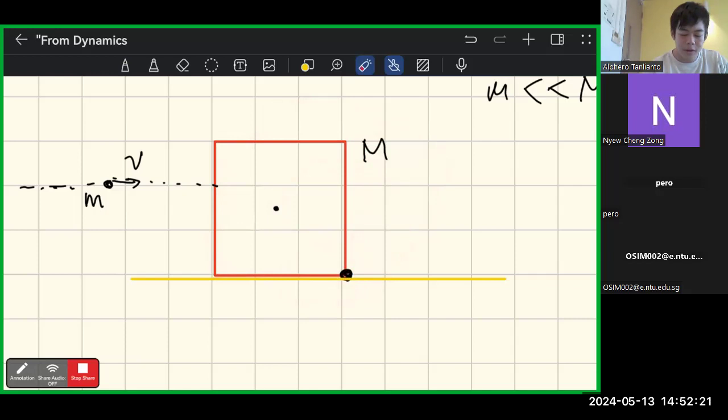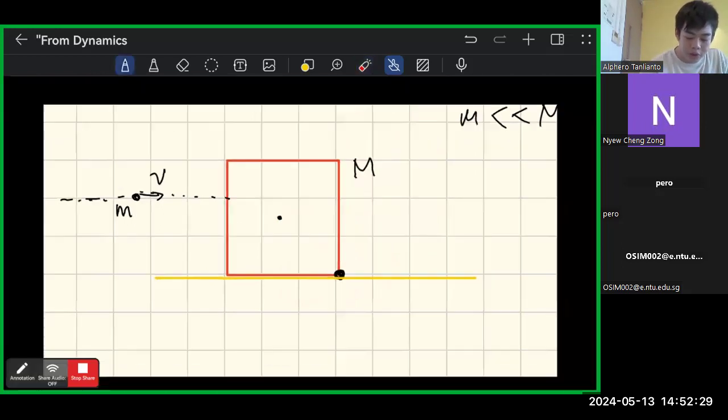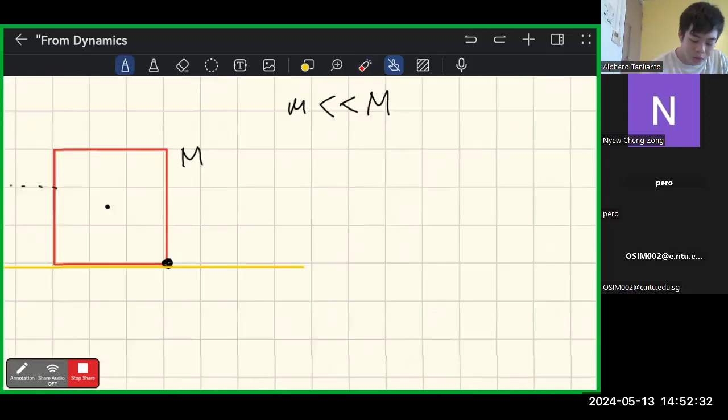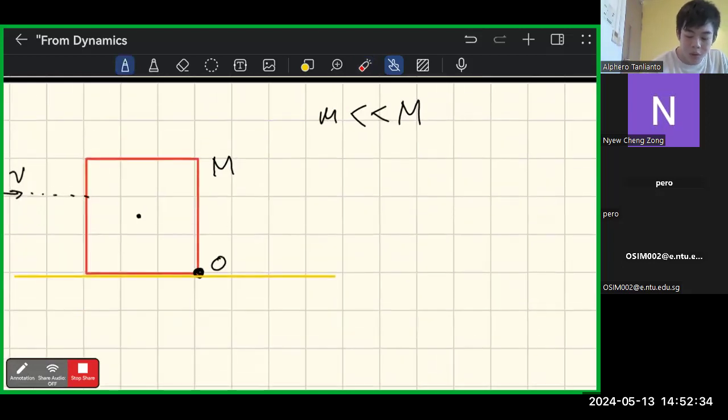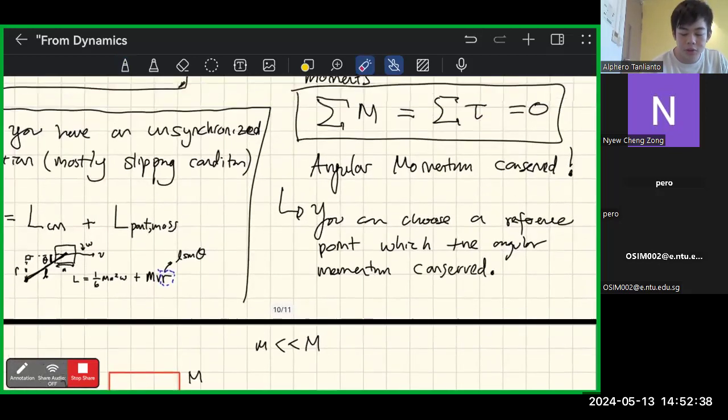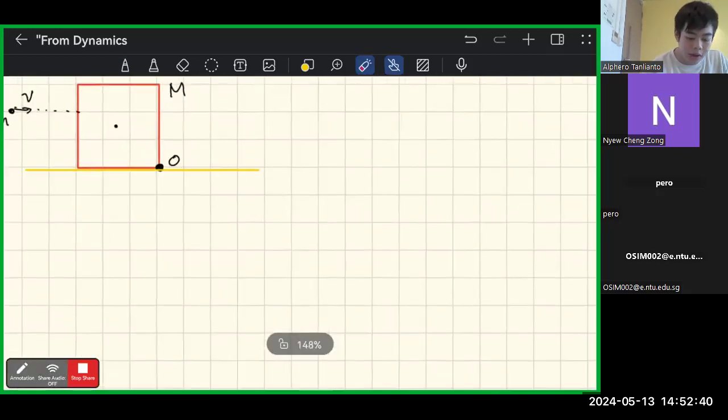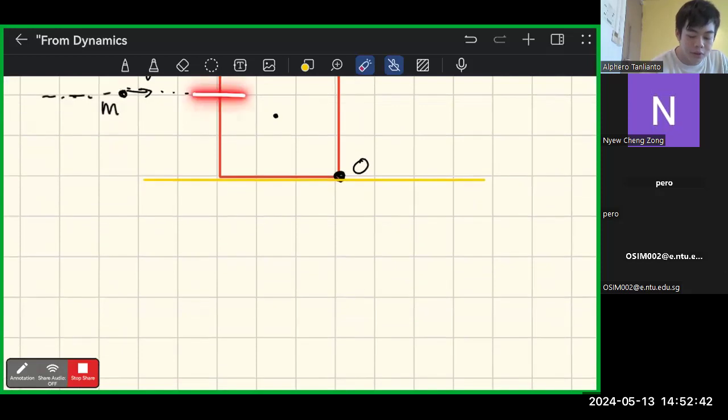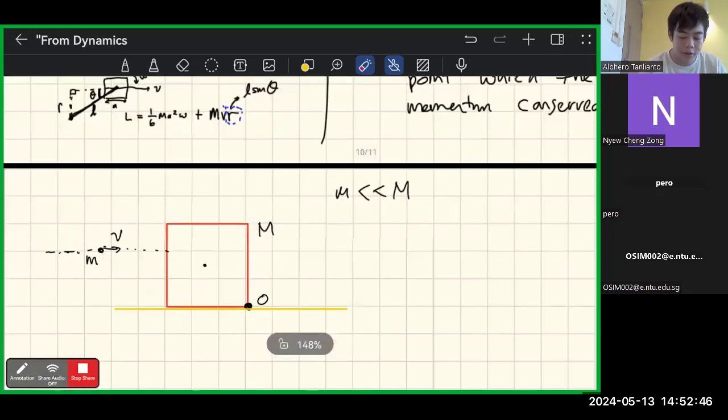So you cannot choose this as your reference point, but you choose this point. Let's say this point is O. If this point is O, you can choose this as the reference point where the angular momentum is conserved. Why? Because there is an internal force here, which causes an internal moment, which doesn't matter.